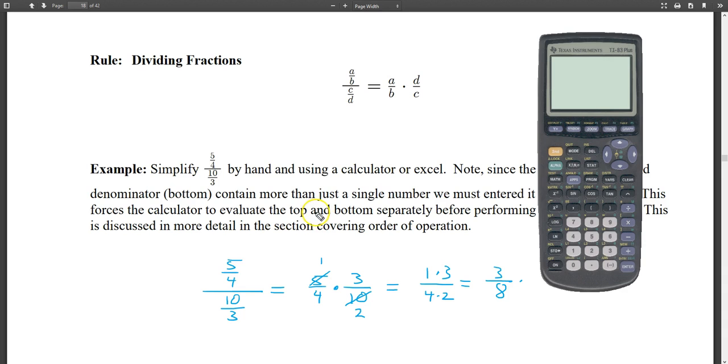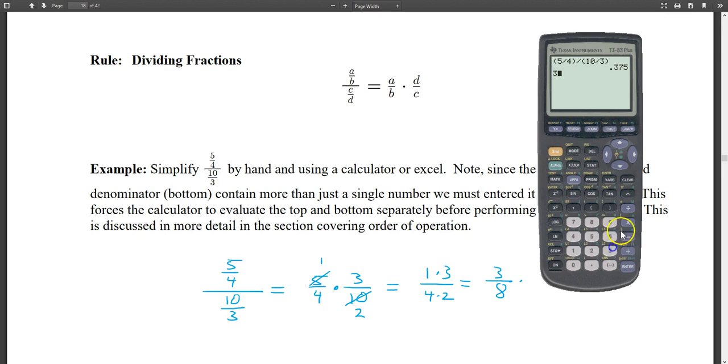So in this case, we do have to evaluate this as parenthesis 5 divided by 4, close that off, there's our numerator, divided by, and our denominator, 10 divided by 3 in its own set of parentheses. There we go. And we get 0.375. That is 3/8.